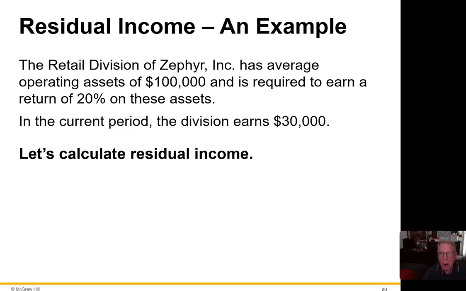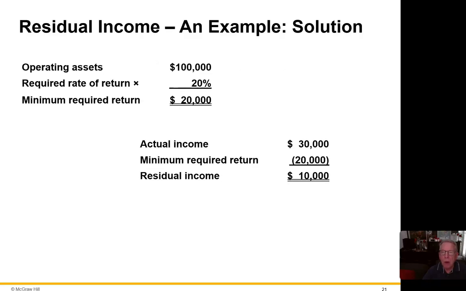So let's see what the residual income might be. Okay, so if I take $100,000 and my required rate of return is 20%, I need to make $20,000 minimum. But my actual was $30,000. If I deduct my minimum from that, I come back to my residual income of $10,000.